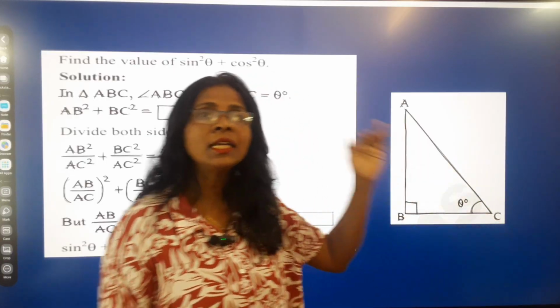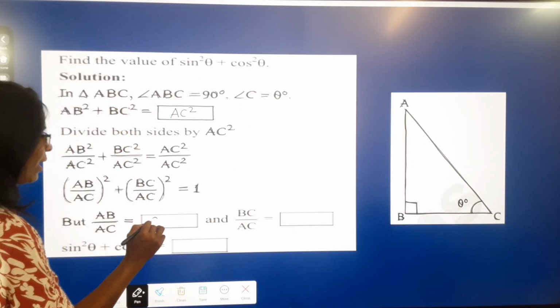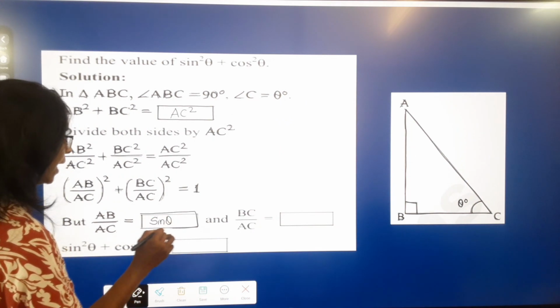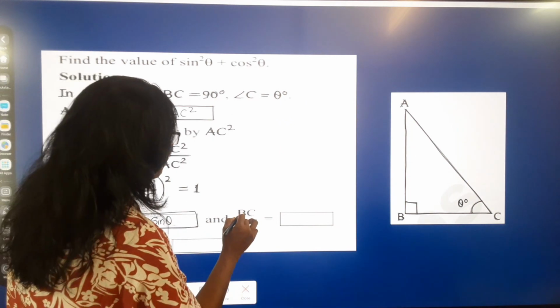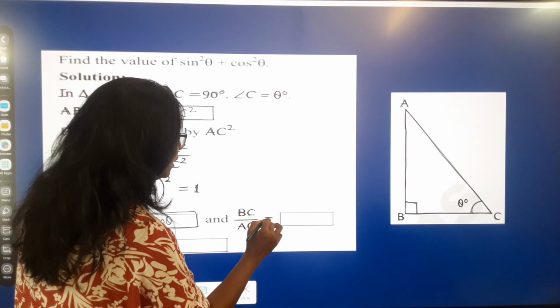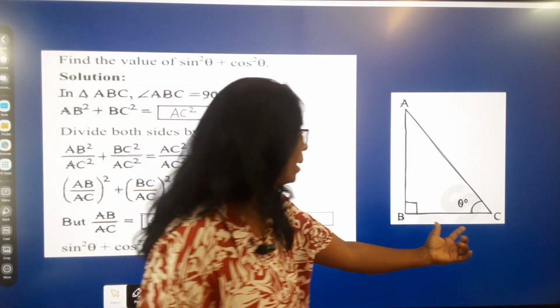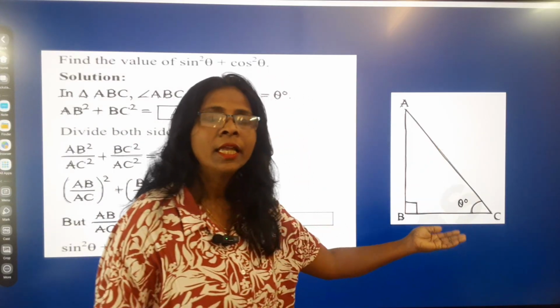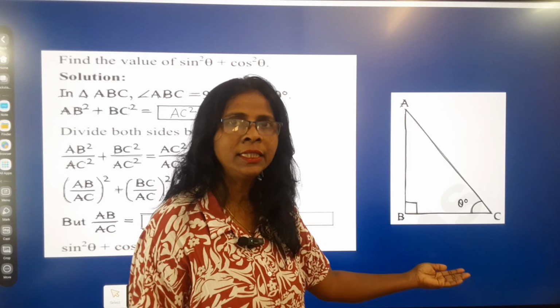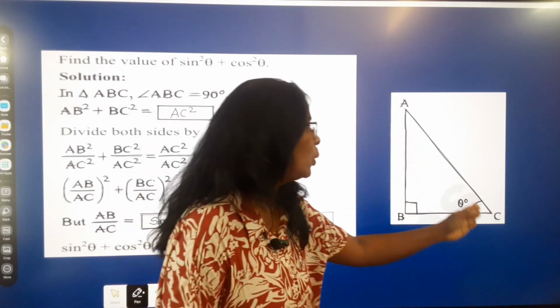So this is the ratio of sin theta. So I write here AB upon AC is equal to sin theta, and BC upon AC, see the figure, it is the ratio of adjacent side of angle theta by hypotenuse.